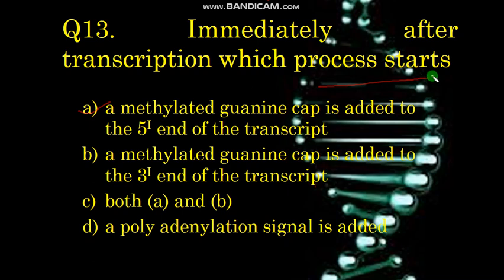This is the mRNA transcript, 5' to 3'. After transcription completion, methylated guanine is added to the 5' end as a cap to prevent degradation, to prevent exonuclease or endonuclease activity.